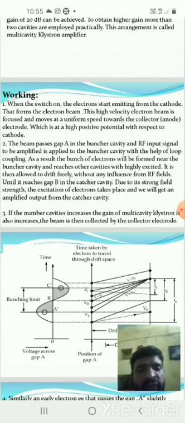In this, two cavities are used to produce 20 decibel gain. To increase the gain, we increase the number of cavities. If the number of cavities increases, the gain of the multi-cavity klystron also increases.